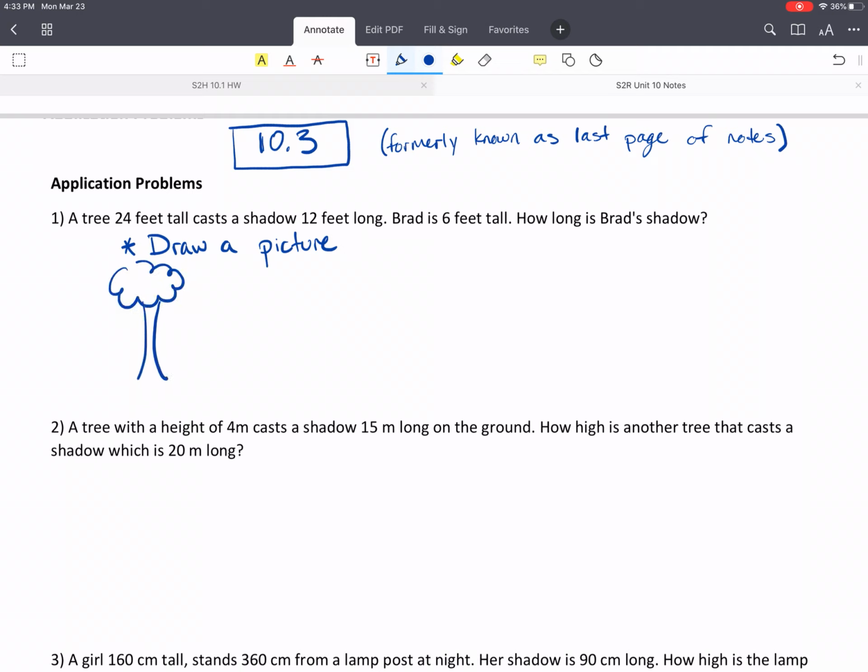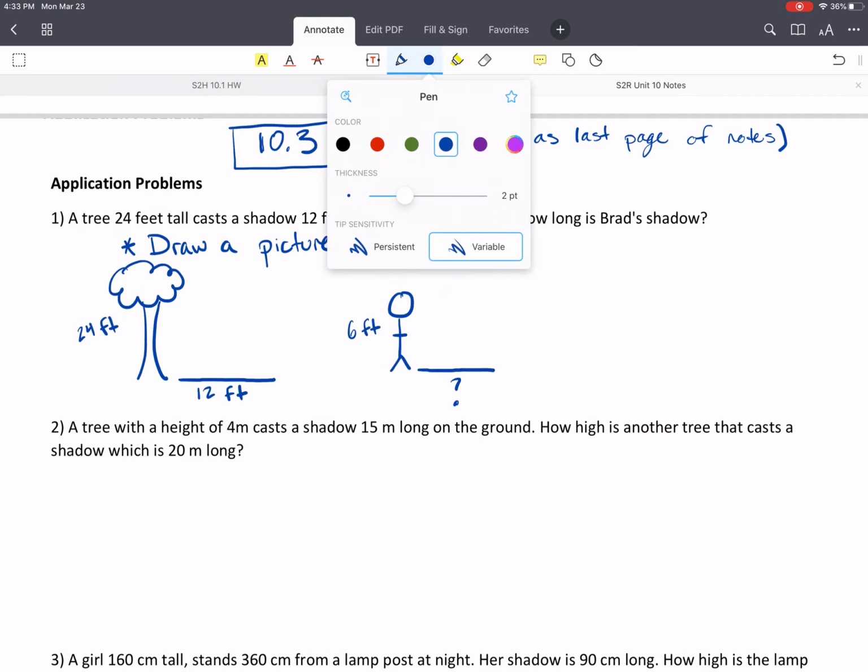Here's my tree, and here's its shadow. So I know this is going to be 24 feet high, and this is going to be 12 feet long. Brad, here's Brad. He is 6 feet tall. How long is his shadow?